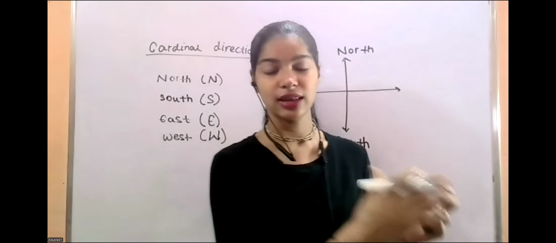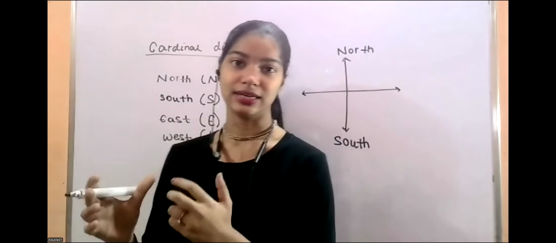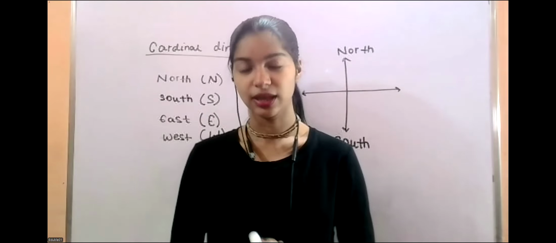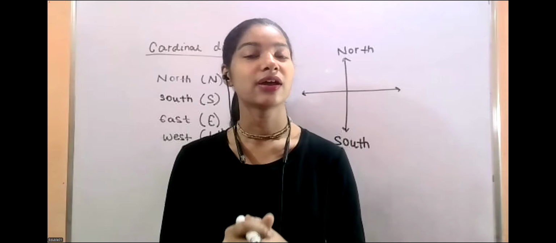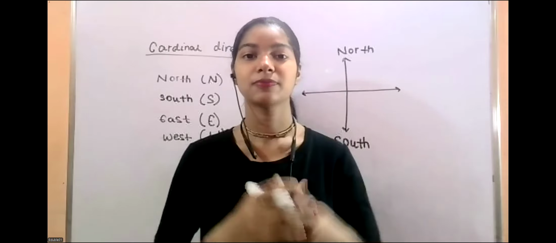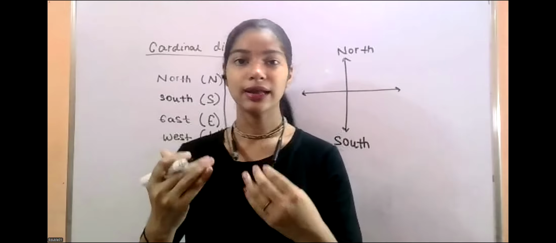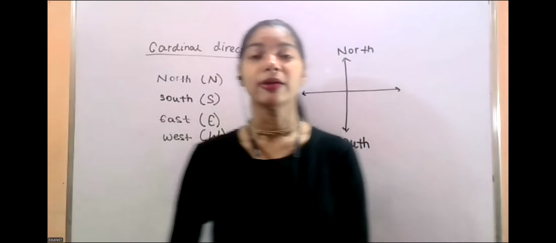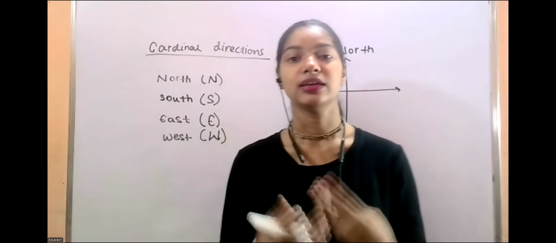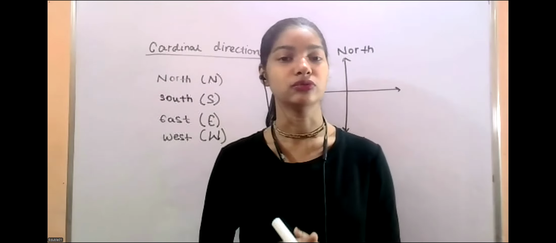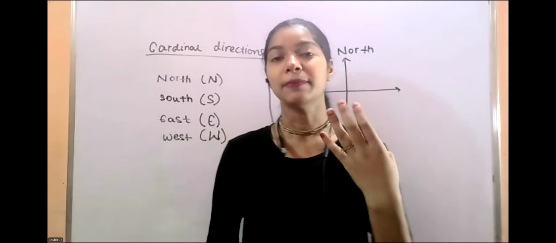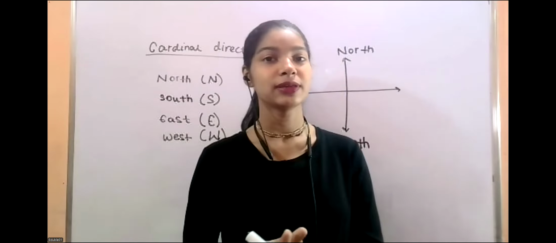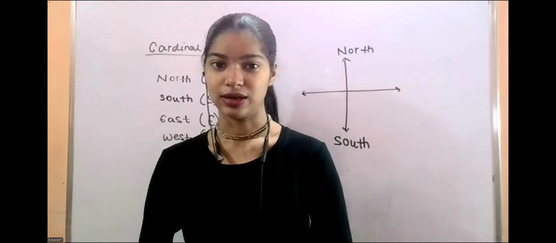Again, the directions of west and east are truly based on the side you are standing. If I'm standing just beside you, your and my west and east are going to be the same. But when I'm standing on the opposite side of you, your west will be my east and my east will be your west. So please answer accordingly.